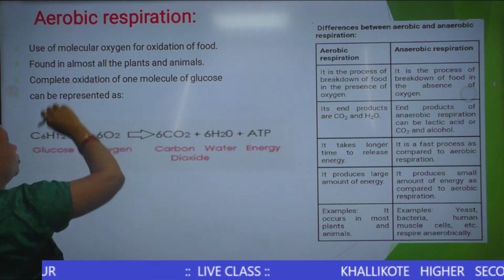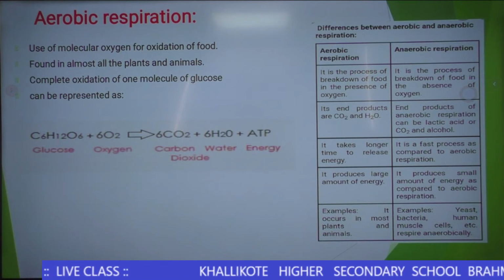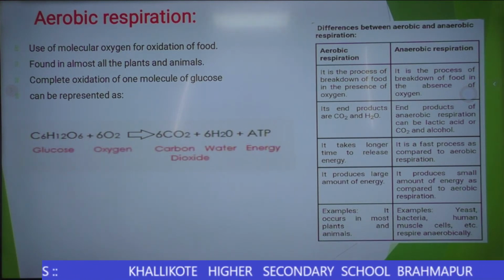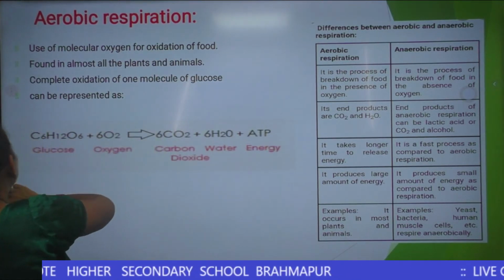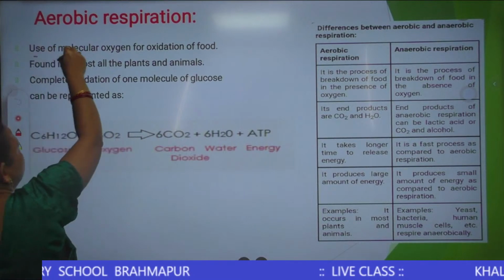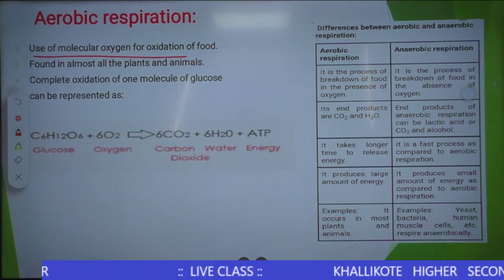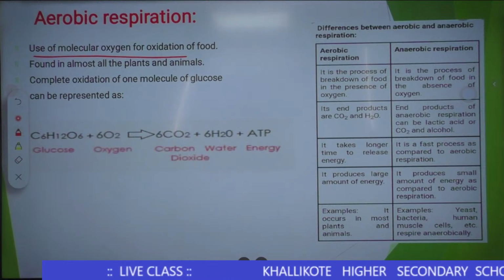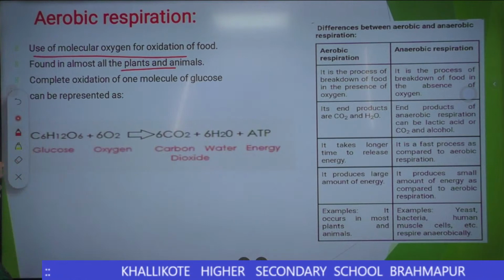Next comes aerobic respiration. So aerobic respiration, we see the use of molecular oxygen for the oxidation of food. This aerobic respiration is found in almost all the plants and animals.